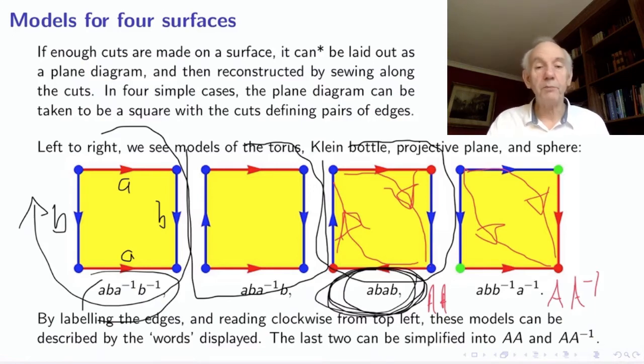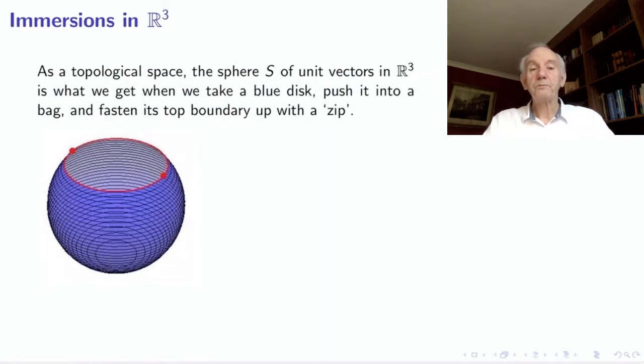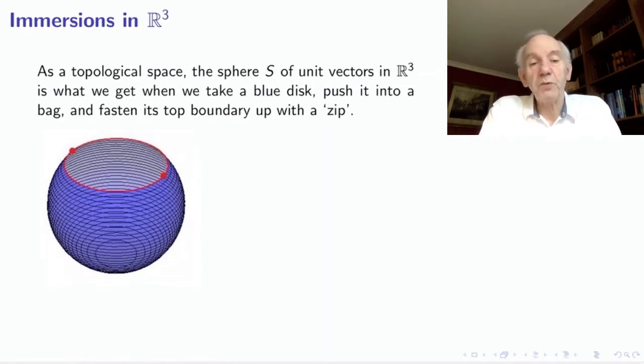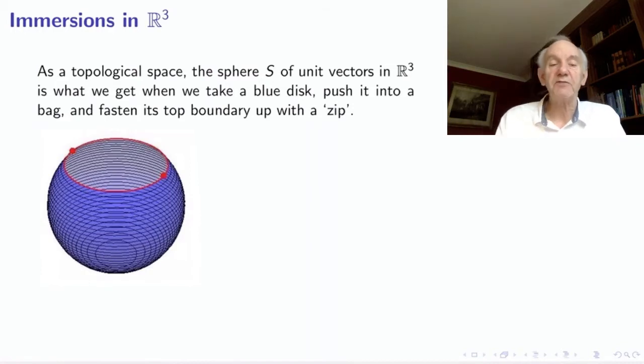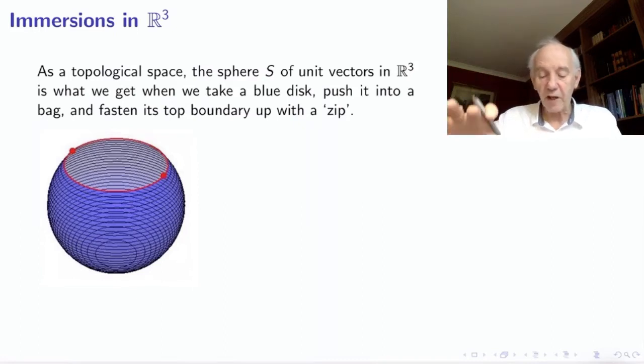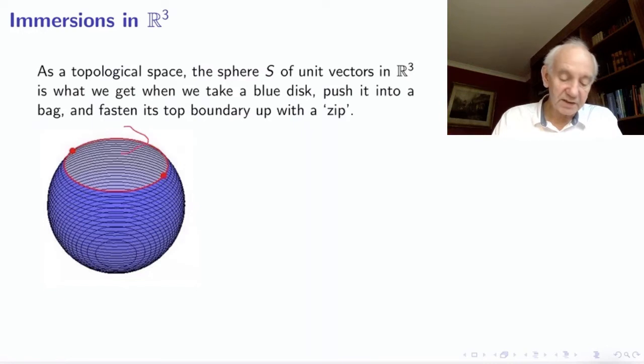So let's now look at some pictures, and here it's a bit more difficult. The sphere is the easiest one, because you could think of it as a disk. Instead of the square, it becomes a round disk, and I can think of this disk as part of a sphere.